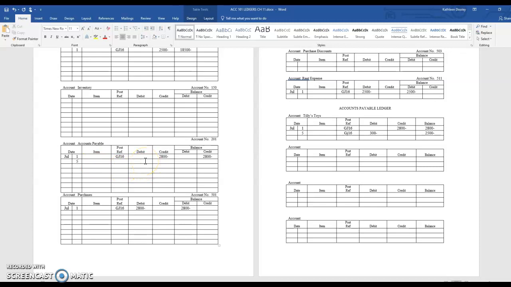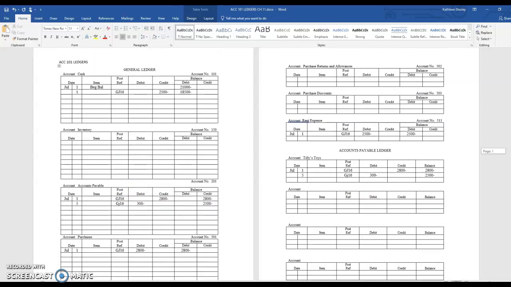Of course, now here, yours is not going to match because I skipped that transaction on the 3rd. Okay. Again, my previous balance was credit. Now I have a debit, so I subtract. Where did this come from? J16.